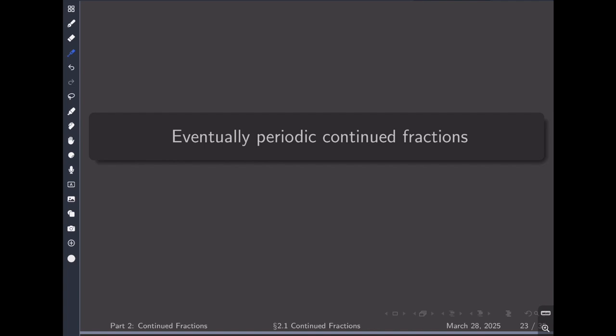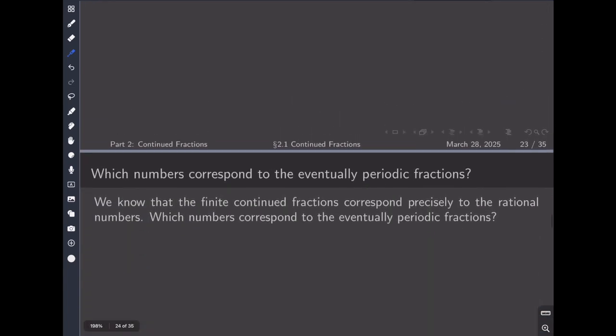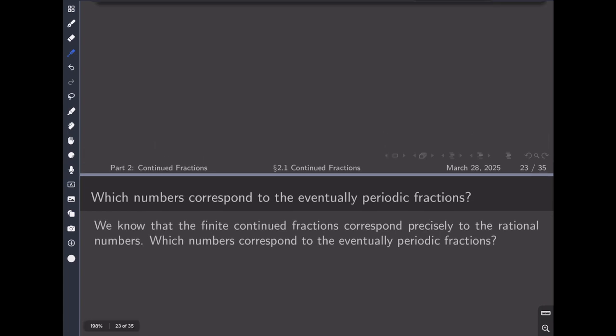Who are the new rationals? I mean, who are the eventually periodic continued fractions? I wanted to talk about this, but I'm running out of time. The answer is the quadratic irrationals. Okay.